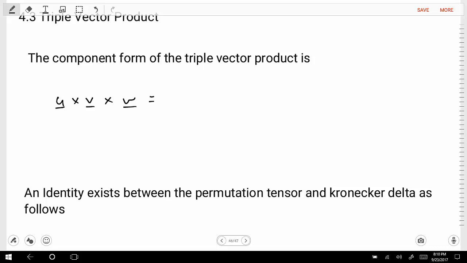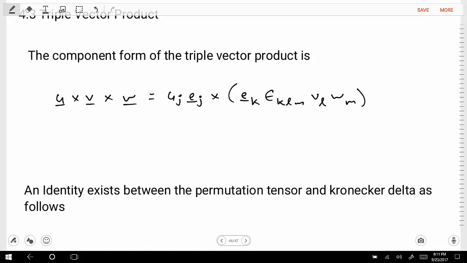We'll find, and let's arbitrarily set our indices, component u_j and base vector e_j, cross the base vector e_k, or permutation epsilon_klm, our components of vector v with l, and w with m.